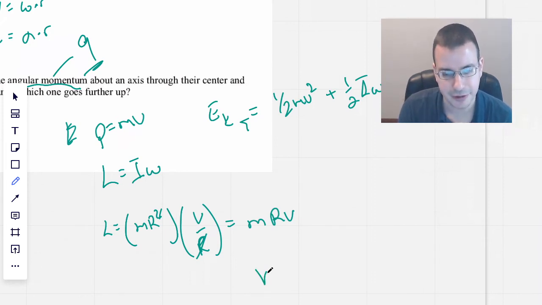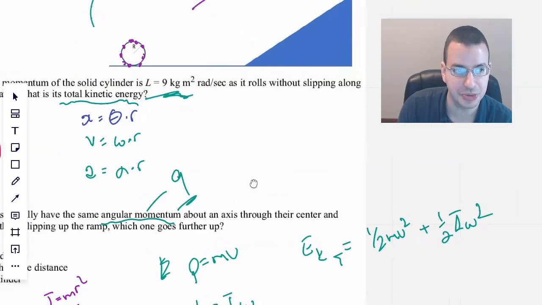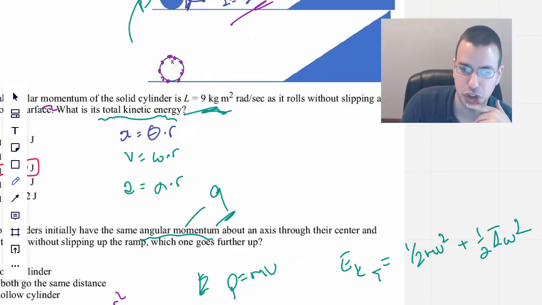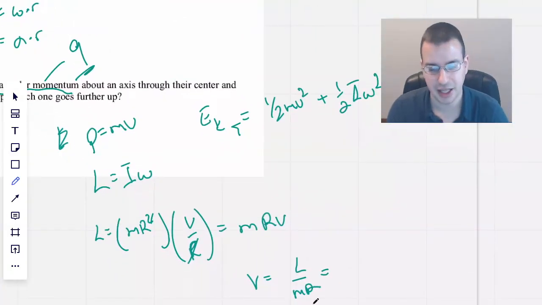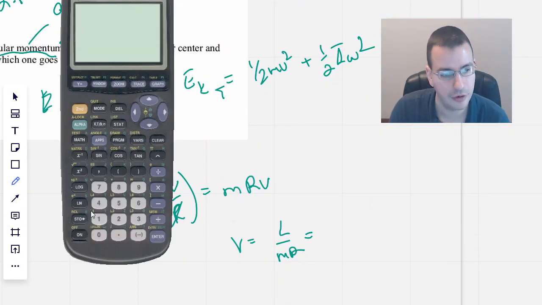So V equals L over mr. Is that true? Yes, that's reasonably true. And we can find out what the velocity would be given the same circumstances we had earlier. We're assuming a 9 kilogram meters squared per second angular momentum. So calculator on, clear.